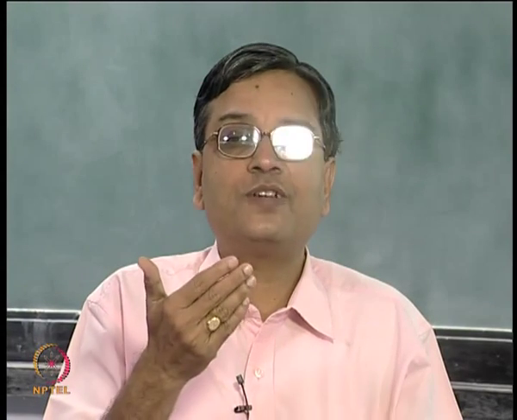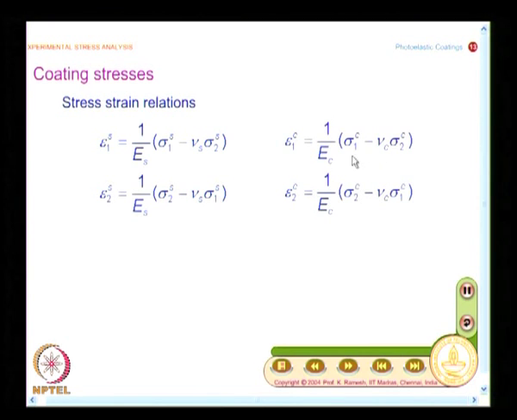What is the next step? You can find out the coating stresses as well as specimen stresses from all these quantities. I have this epsilon 1 c like this, and what I want you to do in your room is work out the expression for sigma 1 c and sigma 2 c.